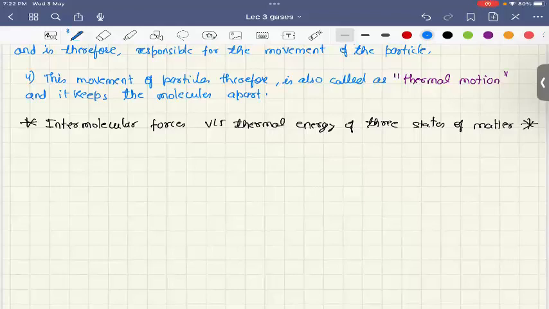The three states of matter arise due to the competition between molecular interaction energy, which keeps the molecules together, and the thermal energy, which moves the molecules apart. The competition between molecular interaction energy and thermal energy determines whether a given substance under given conditions is a gas, a liquid or a solid.